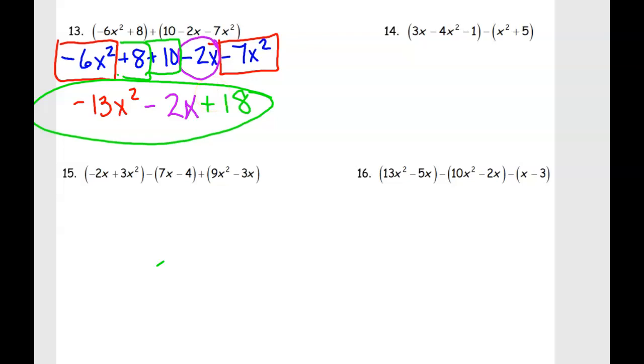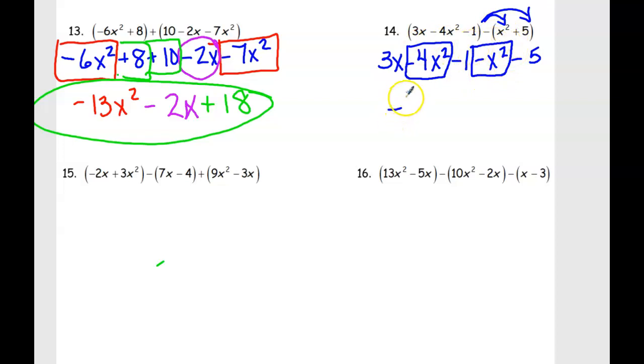All right, 14, I'm going to be careful because I'm subtracting, so it's like I'm distributing a negative 1. I'm going to rewrite without the parentheses, 3x minus 4x squared minus 1 minus x squared minus 5. Now when I combine my like terms, I start at the highest exponent, negative 4x squared minus x squared.